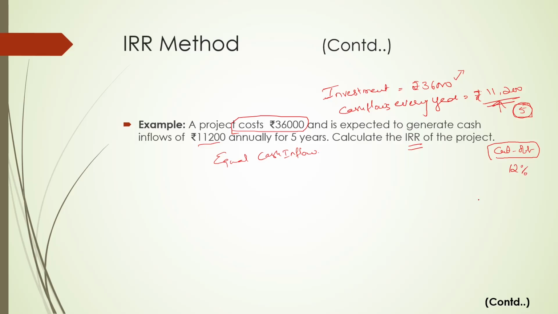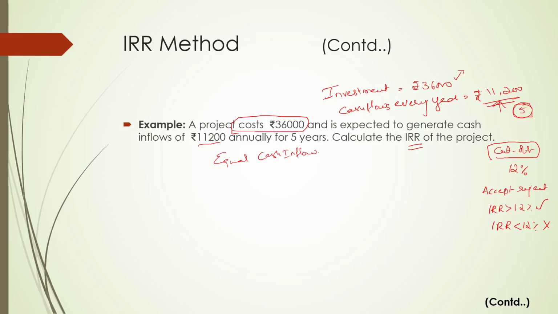So if you consider the accept-reject criteria, when to accept this IRR? If IRR is greater than 12%, you accept it. If IRR is less than 12%, reject it. Clear?